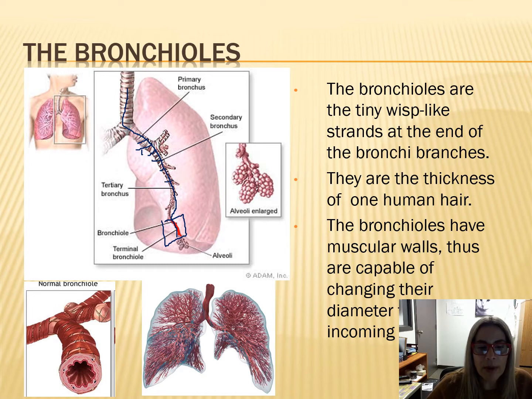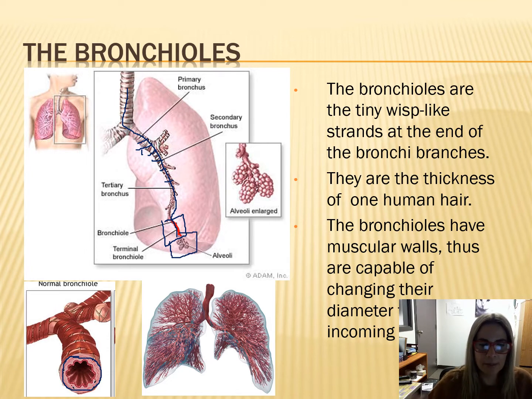But what we do have now is smooth muscle. If we look at this graphic over here, this is a nice healthy bronchiole, and you can see it has that smooth muscle wall, very similar to the arteries, for example, and therefore is capable of expanding and constricting. At the very end of the bronchioles is the alveoli.